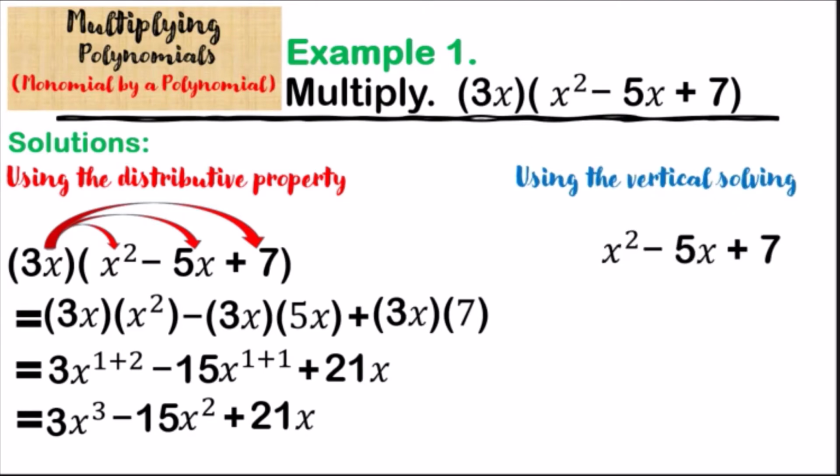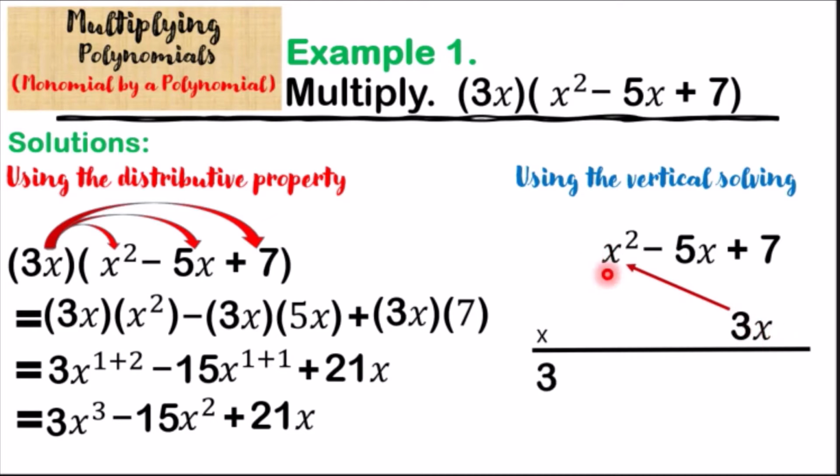We have x squared minus 5x plus 7 times 3x. Then simplify. First, multiply the monomial to the first term of the polynomial. We have 3 times 1, we have 3.